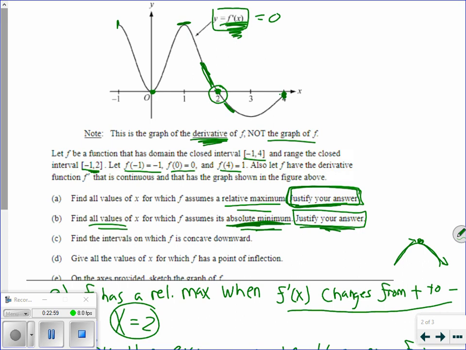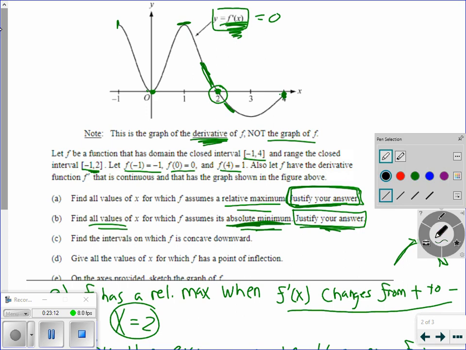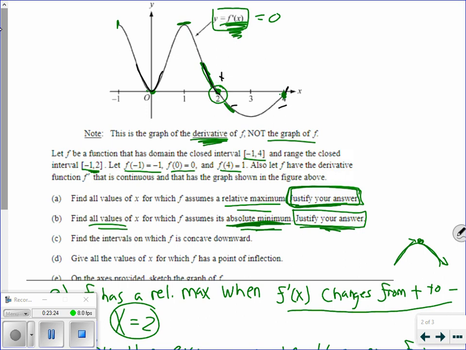Now look at all of those points. Are any of those points going from negative to positive? Here it's going positive to positive. Here it's going positive to negative. And here it's just negative, but I don't know what's going on past 4. So there are no critical points to check here because none of them are going from negative to positive.